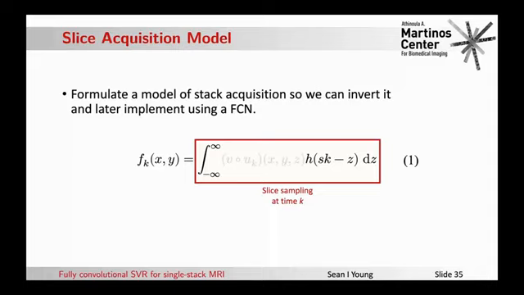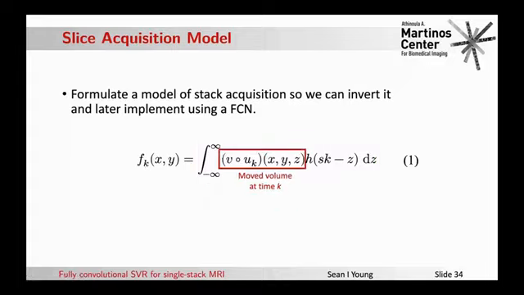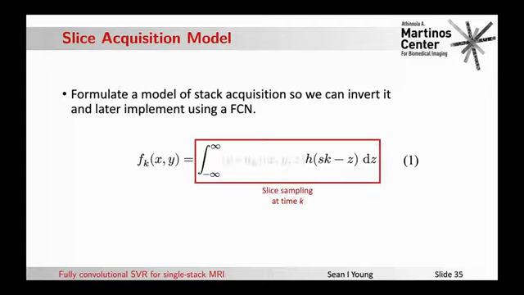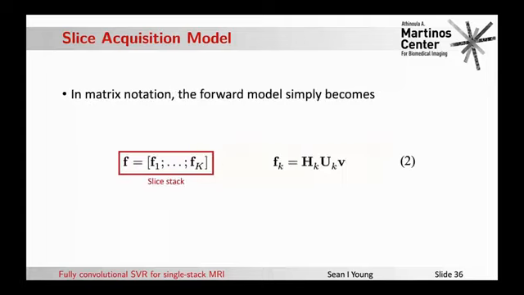Depending on whether you're at time 0, 1, 2, 3, 4, 5, the slicing plane will translate across the longitudinal axis of the subject, and that's how you end up with a slice at time K. So this Fk is your 2D slice at time K, and V is the volume that we're trying to estimate. In linear algebra, it's super nice, right?